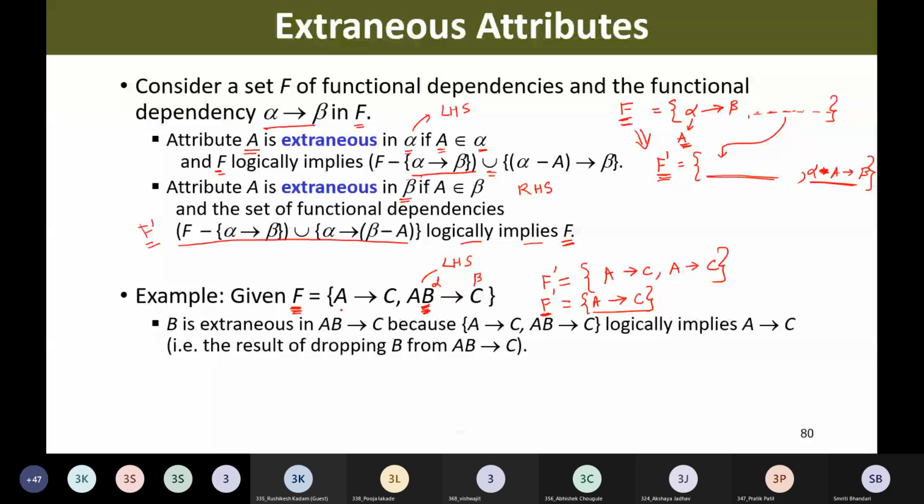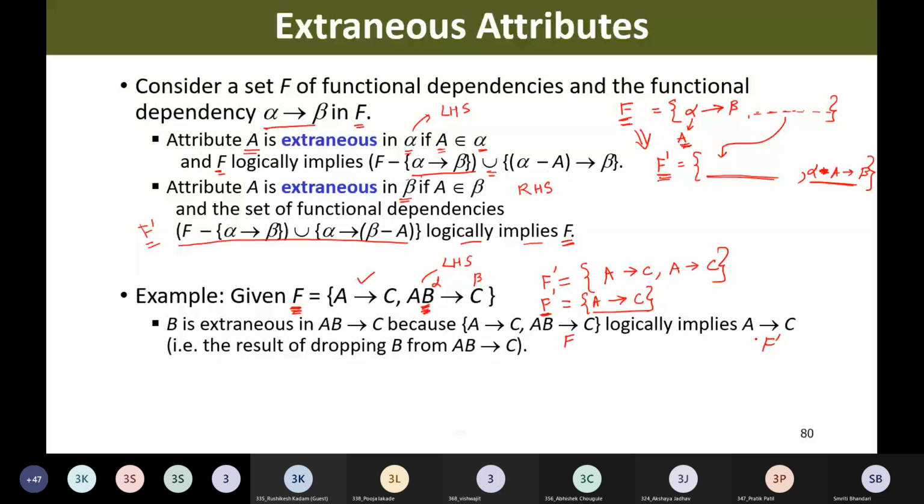So A to C is already there, and that is why I may say that B is extraneous in AB to C, because A to C and AB to C, that means the original set F logically implies new set F dash, wherein I am having the only dependency, that is A to C, right? So if this is the case, then I'll say that B is extra.